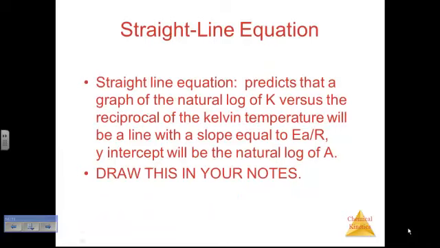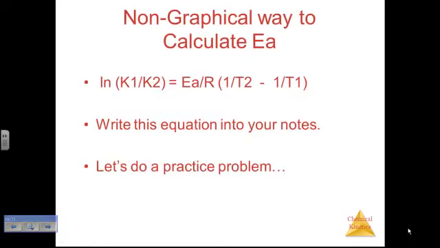This straight line equation allows our calculator to predict the activation energy, where that's the slope of the line set over R. The natural log of k versus the reciprocal of the Kelvin temperature gives us a straight line, y equals ax plus b. I'm just asking you to draw that into your notes to help you become familiar with the graphical form of the Arrhenius equation.